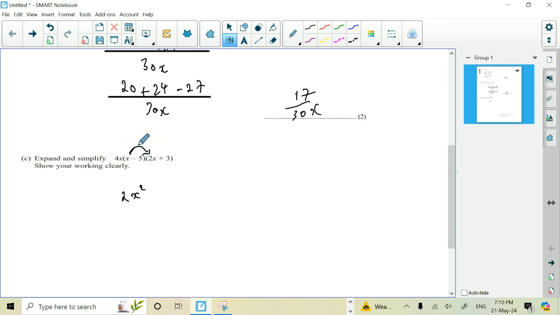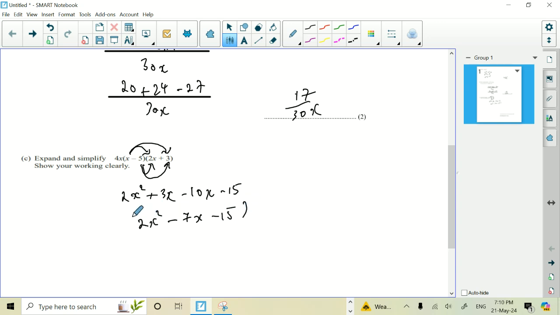And then outside, x times 3, that gives me plus 3x. And inside, I've got minus 5 times 2x, that gives me minus 10x. And last, I've got minus 5 times plus 3, which gives me minus 15. So if I tidy that up, that gives me 2x squared, minus 7x, and minus 15.